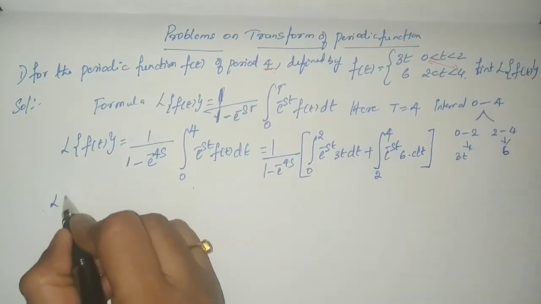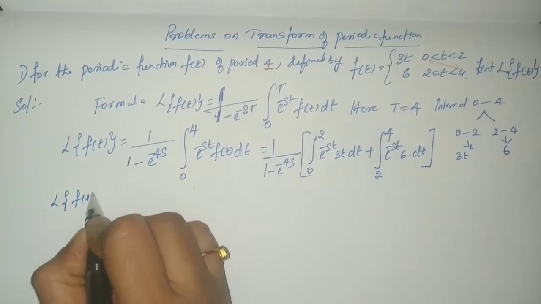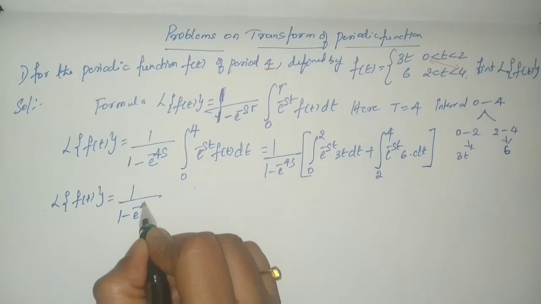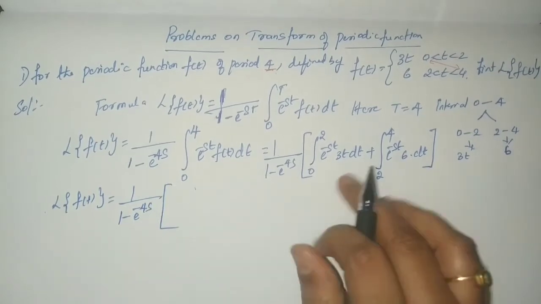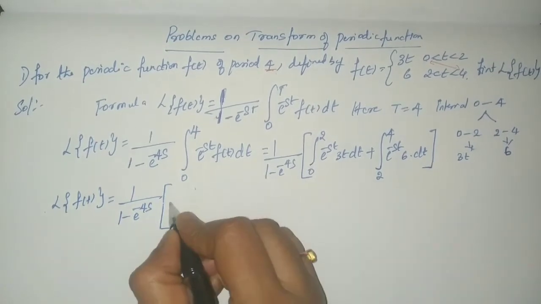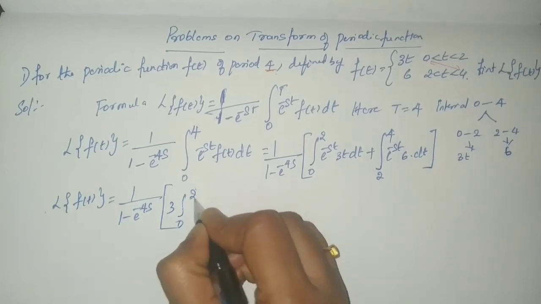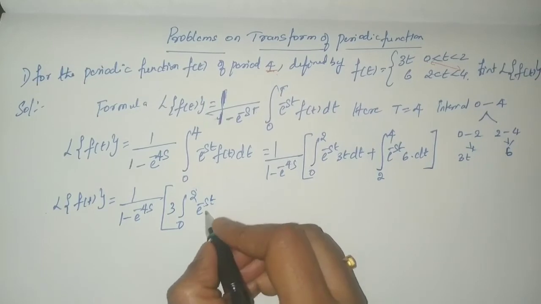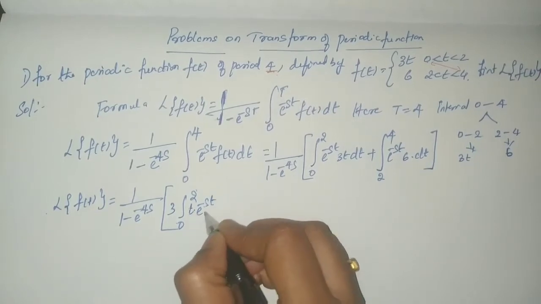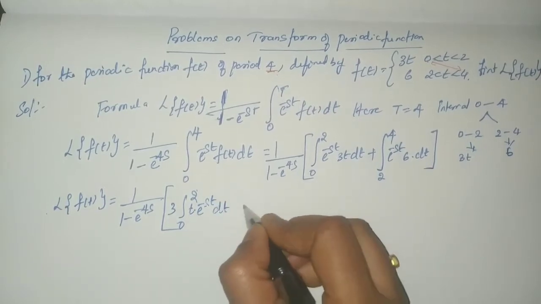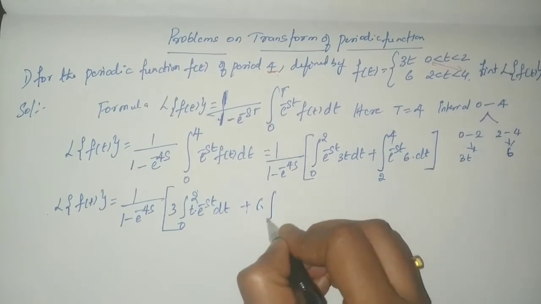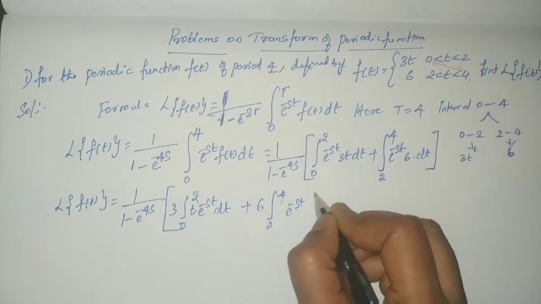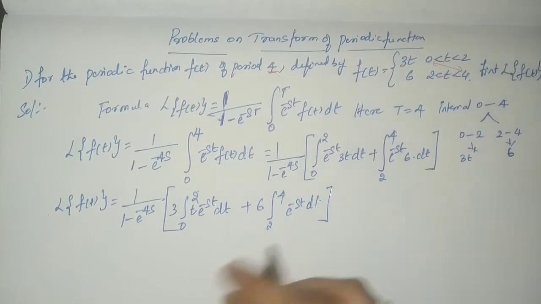So let us start simplifying. Laplace transform of f of t is equal to 1 by 1 minus e power minus 4s. You can see 3 is constant, keep it out. So integral 0 to 2, let me write t into e power minus st into dt, plus 6 is constant, 2 to 4 e power minus st dt.